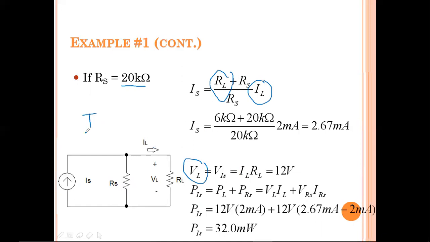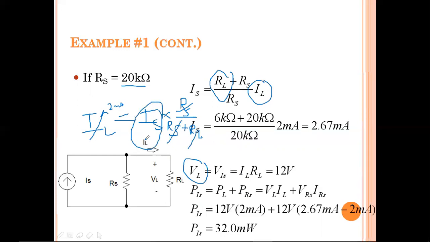For finding the current through this RL load, IL is equal to the total current, IS, multiplied by the opposite resistance, RS, divided by RS plus RL. But I know the value of IL, 2 milliamps, and I know the values of RS and RL, but I don't know the value of IS.